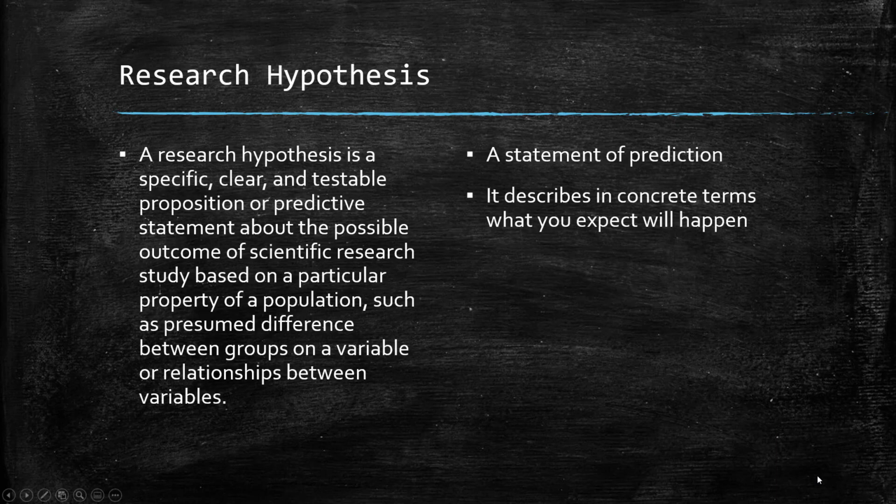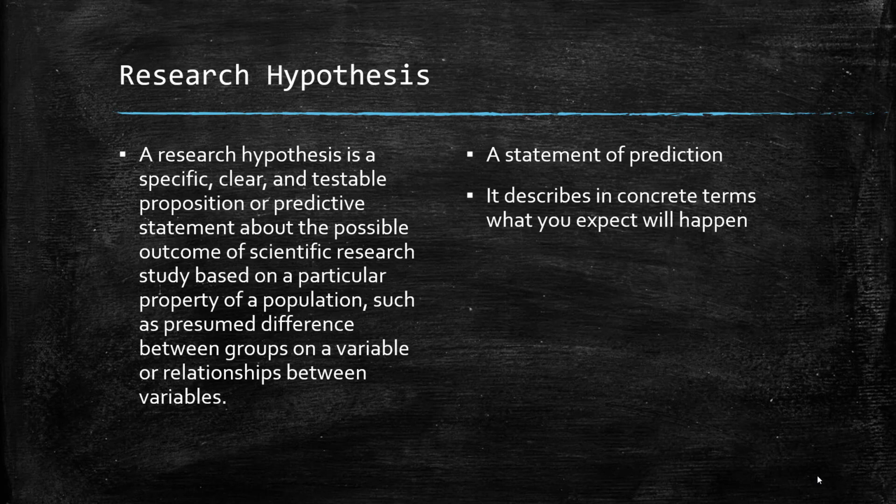So let's review again. A research hypothesis is a specific, clear, and testable proposition or predictive statement about the possible outcome of a scientific research study, based on a particular property of a population, such as a presumed difference between groups on a variable or relationships between variables.